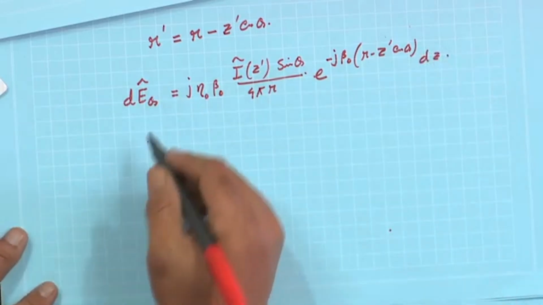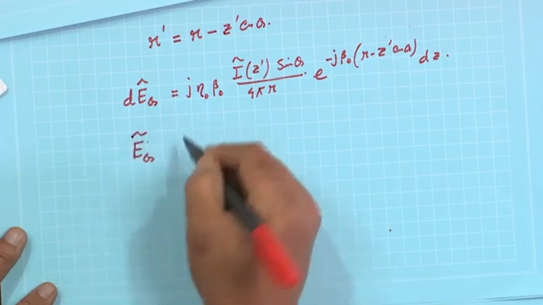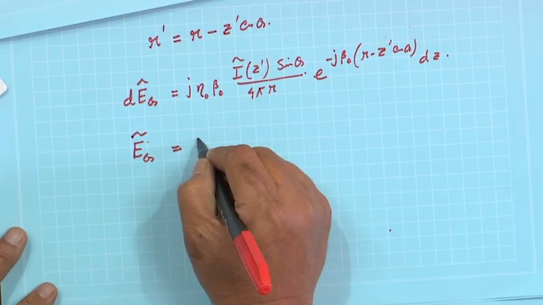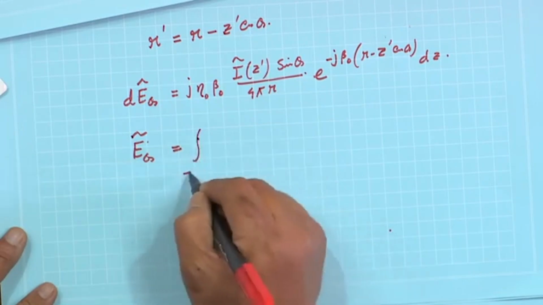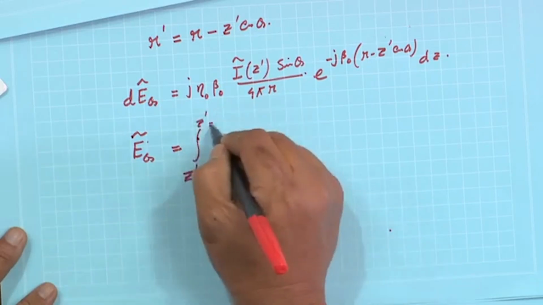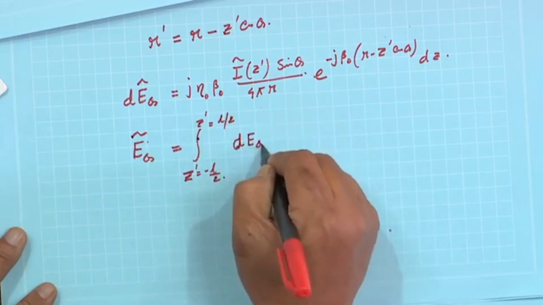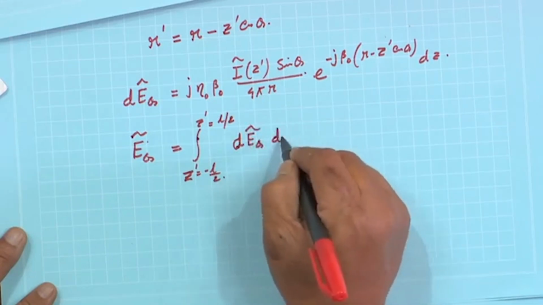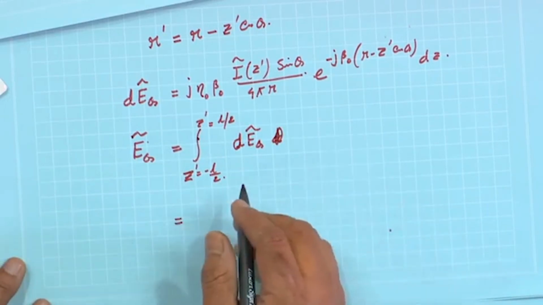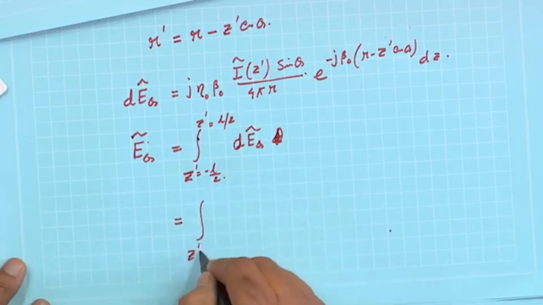So, the total electric field is nothing but the superposition of the electric field from all the current elements having different Iz's, and this will be from z dash equal to minus L by 2 to z dash equal to plus L by 2, then that d theta. So, if I do this integral, it will be z dash.